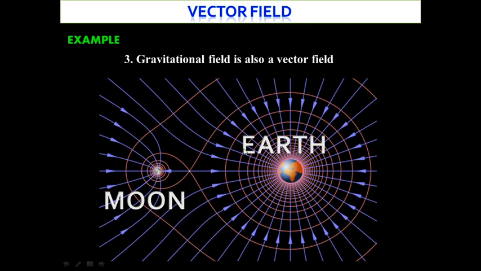In between earth and moon there is a strong gravitational field directed towards the earth, because the earth is a heavier object than the moon. This arrow represents the gravitational field in between earth and moon. This gravitational field has a direction, therefore it is also a vector field. So these are the examples of vector fields.